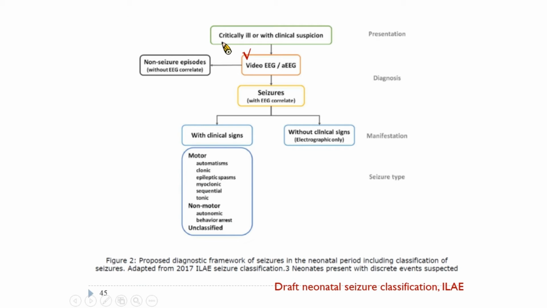Video EEG is needed. Only with EEG correlates are seizures. Then divided into with and without clinical signs, electrographic only. If with clinical signs, further divided into motor, non-motor, and unclassified.